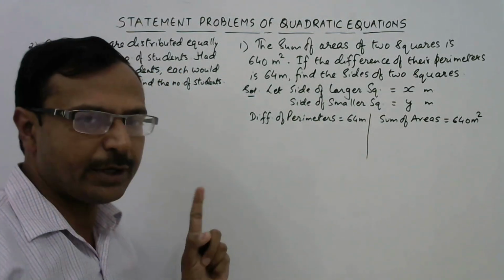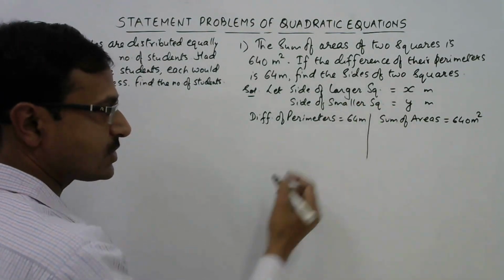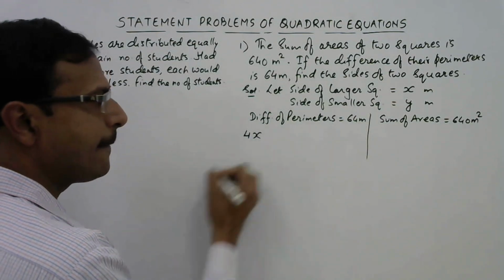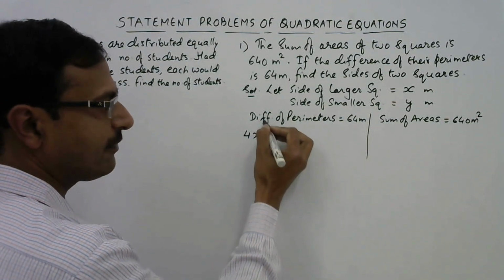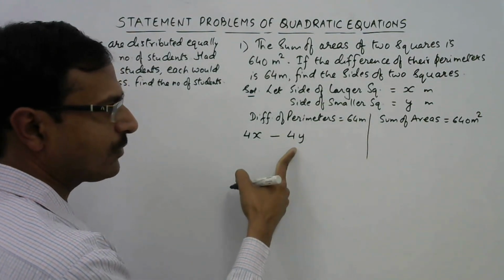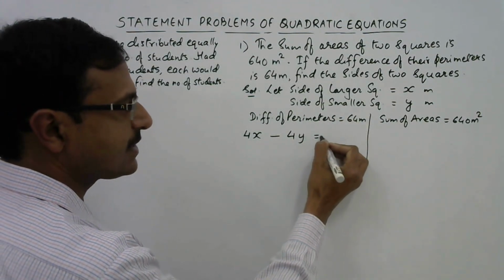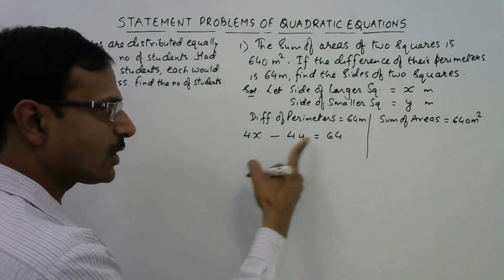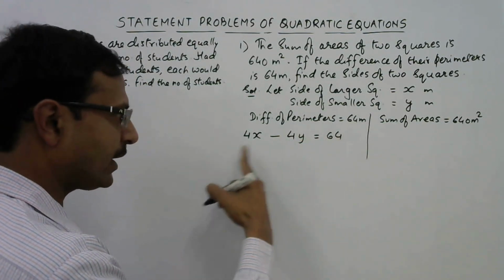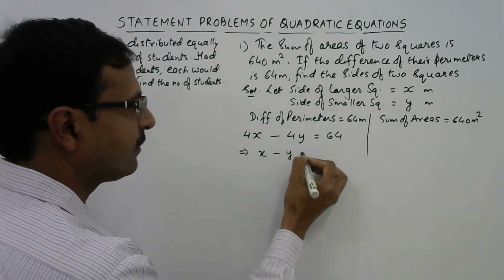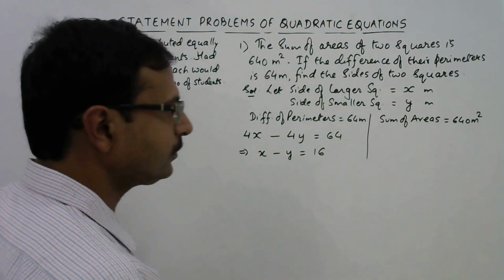Perimeter is 4 into side. The larger square has the larger perimeter, so I'll write that first: 4 into side minus, difference means minus, 4 into y, that is the perimeter of the second square, and this is given as 64. And from this equation you can see that 4 is the common factor throughout. So you can cancel that 4, which will give you x minus y equal to 16.